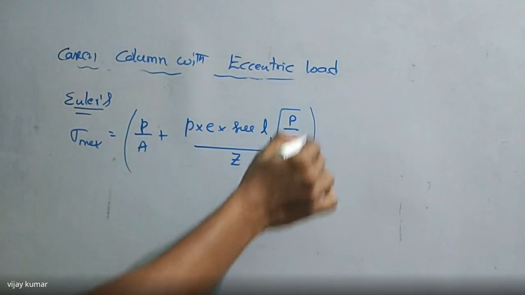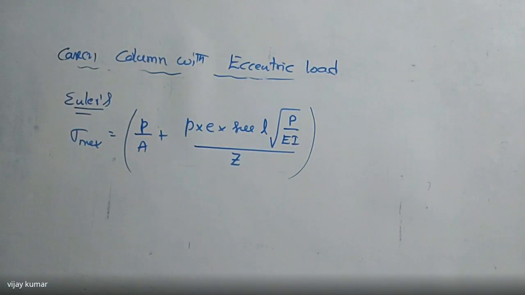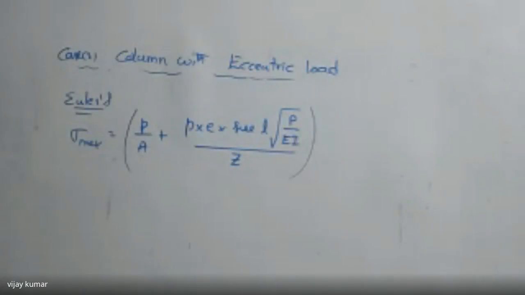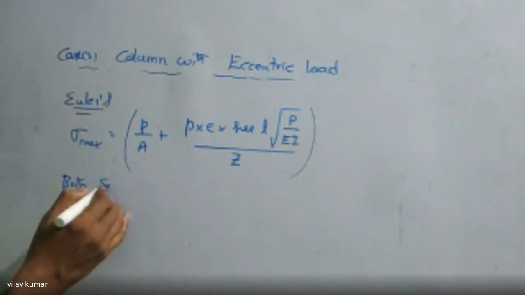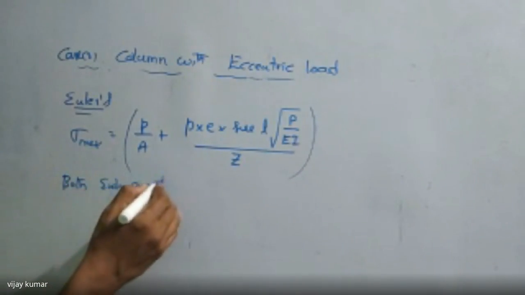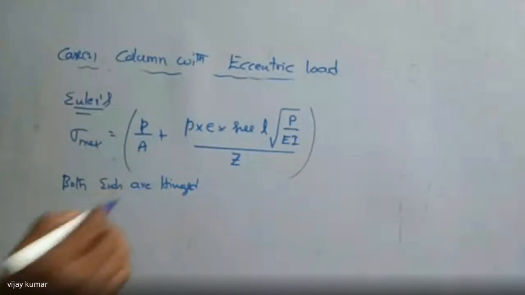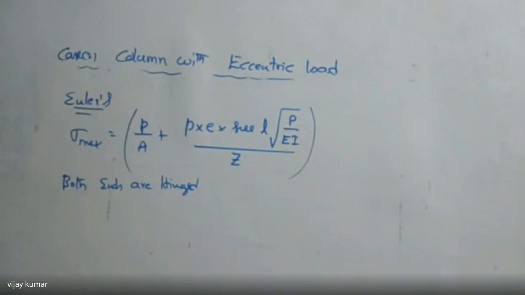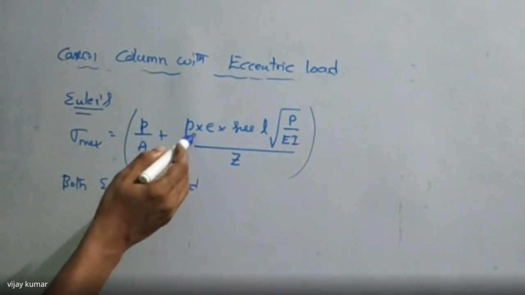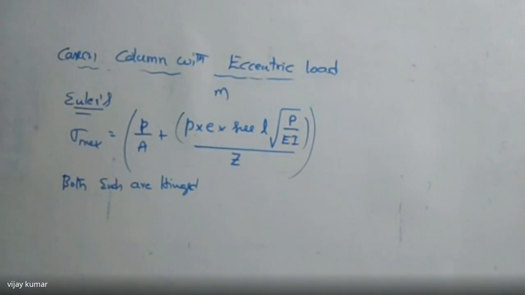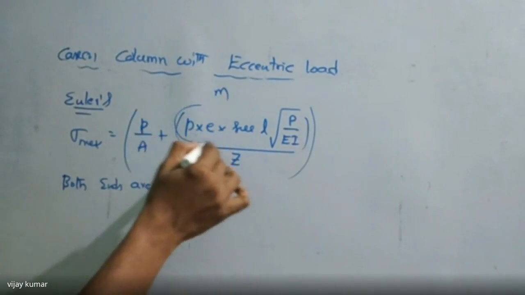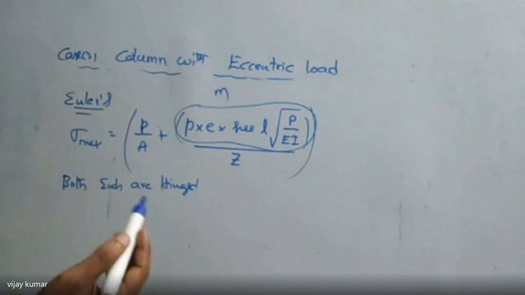The section modulus of the cross section. This is for the case where both ends of the column are hinged, where the maximum bending moment occurs. So the bending term is M by Z, where Z is the section modulus.